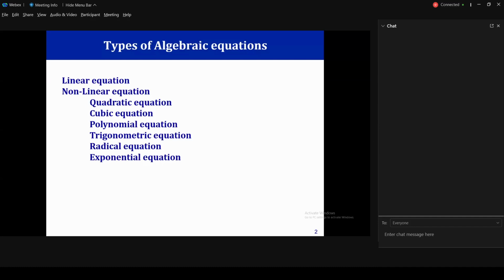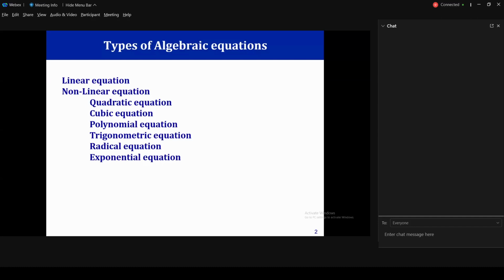So here I'm going to tell you how we solve algebraic equations using Matlab. There are different types of algebraic equations, for example, linear equations and non-linear equations.